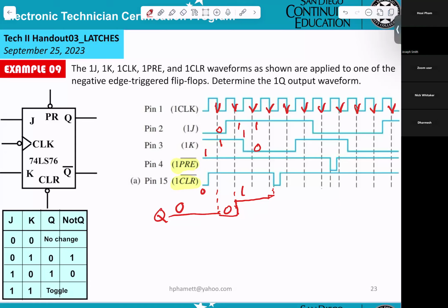The thing is, the clear is now 0, so Q has to be 0.